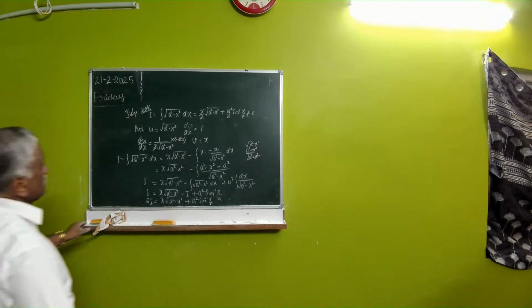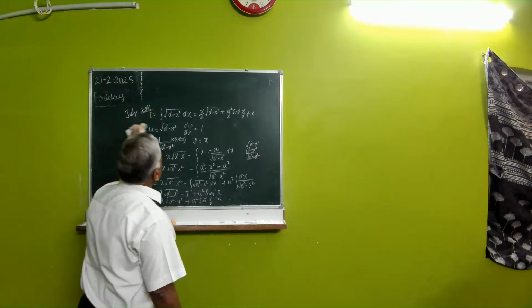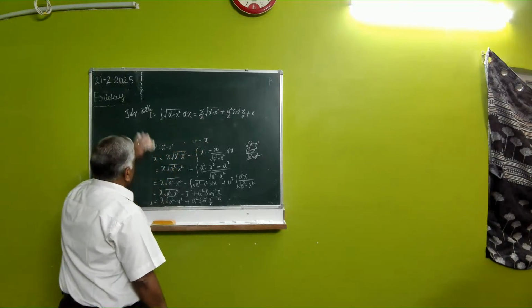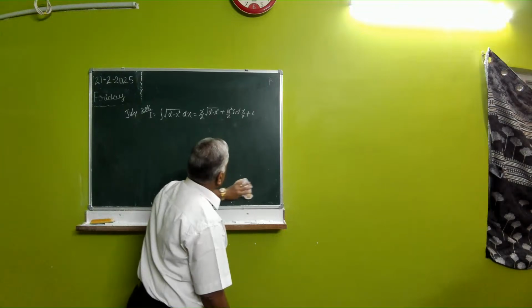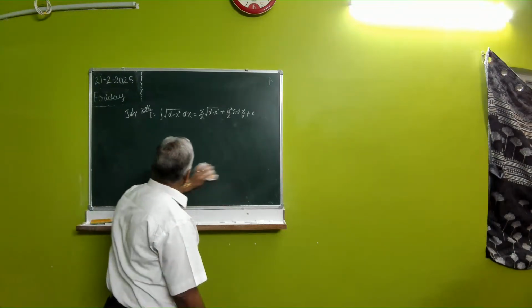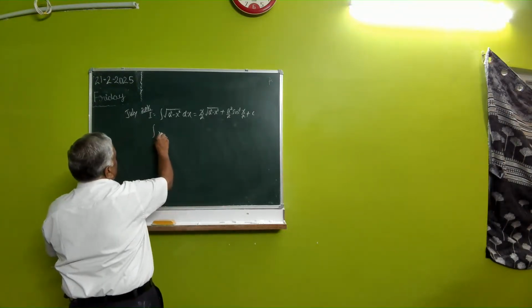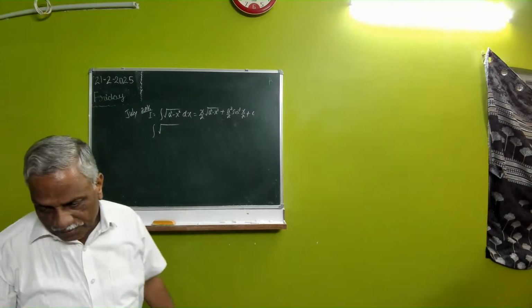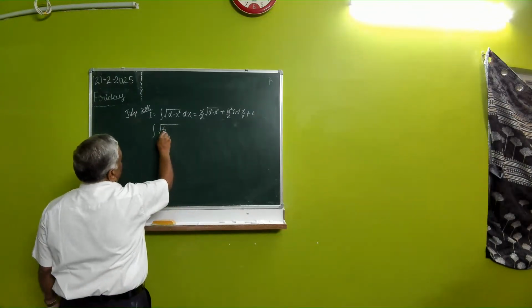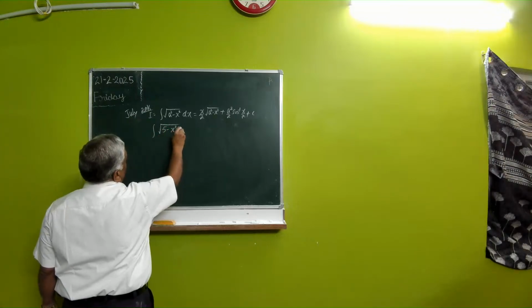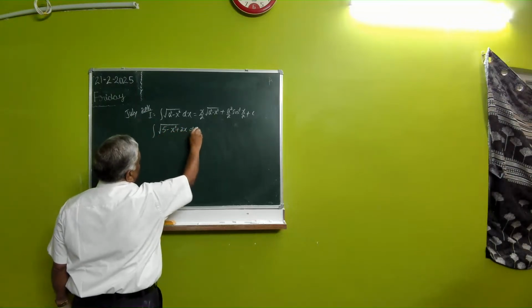So what you can do is, the problem given, you have got to work it out using this formula. The problem given is integrate root of 5 minus x square plus 2x dx.